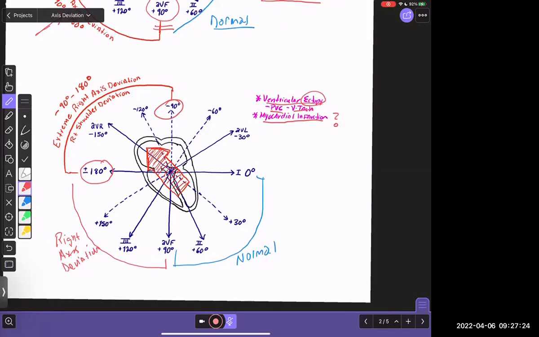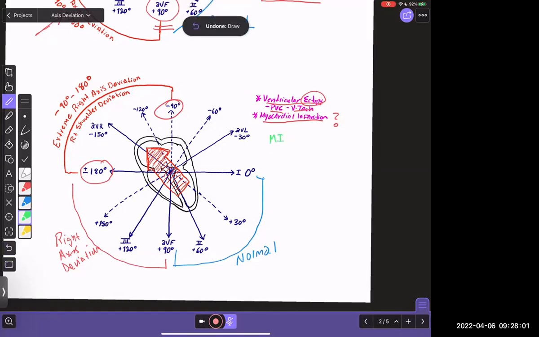So remember, we say that in the normal heart, our left ventricle is thicker than our right ventricle, therefore we have more forces, for want of a better term, propagating in the left ventricle, so that naturally brings our axis downward and to the left. So think about it. What is myocardial infarction? What does it do physiologically? Tissue injury. Myocardial infarction is death of heart muscle.